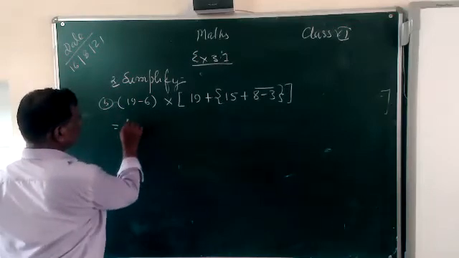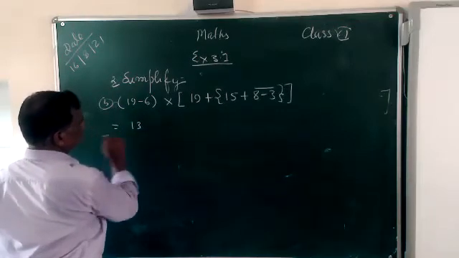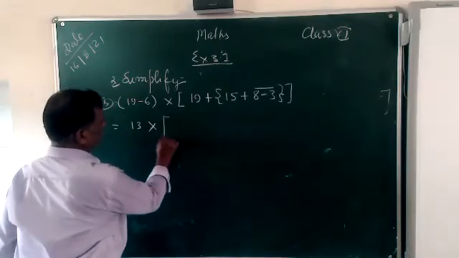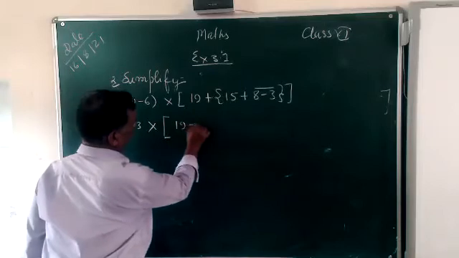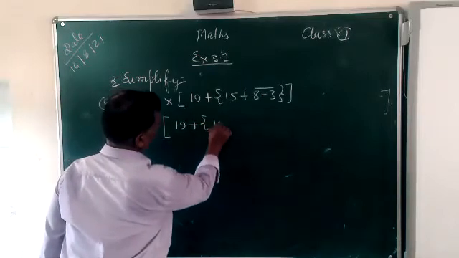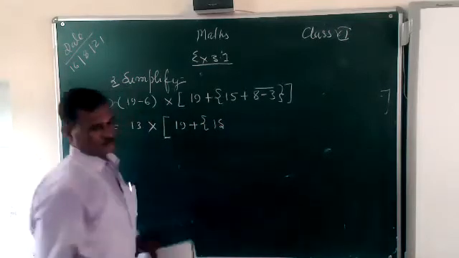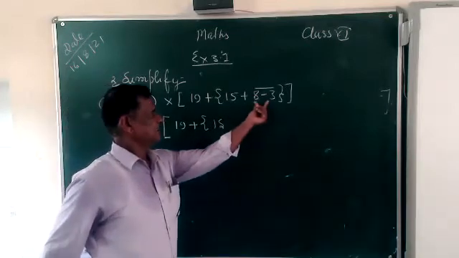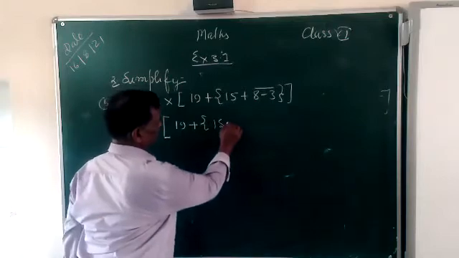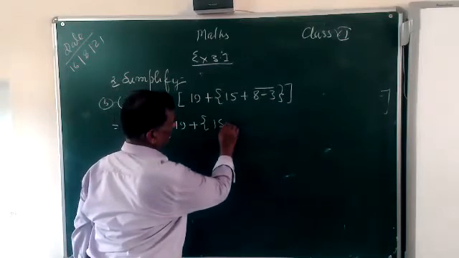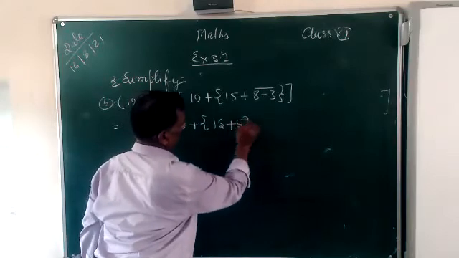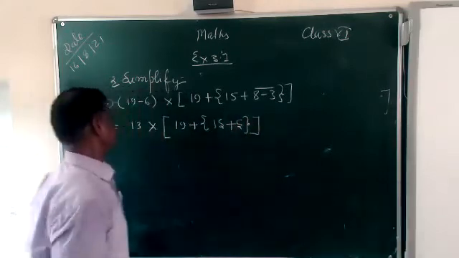See here, this is the 13 into, in square bracket 19 plus, in curly bracket 15. Now simplify the bar bracket. Here given 8 minus 3 is 5. So in bar bracket 5, remove bar bracket, plus 5 coming only in curly bracket and square bracket both.